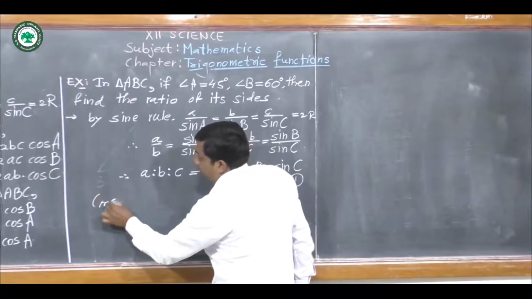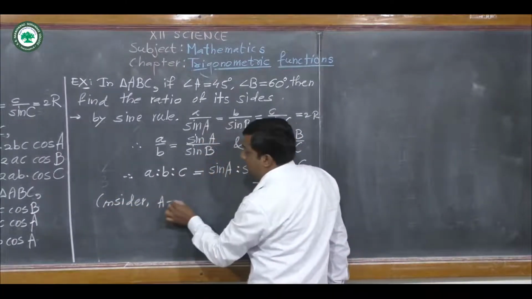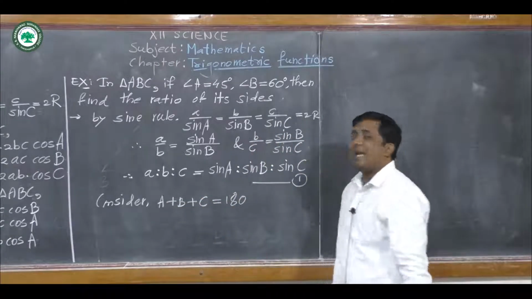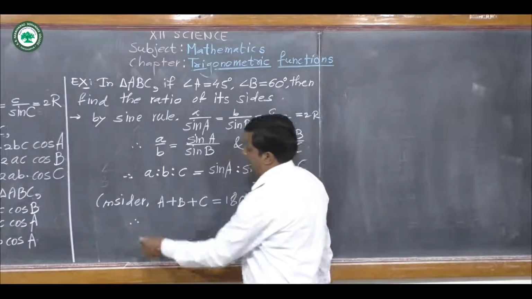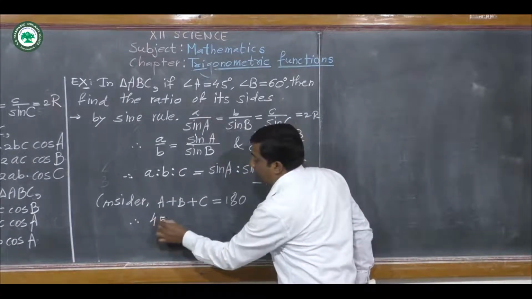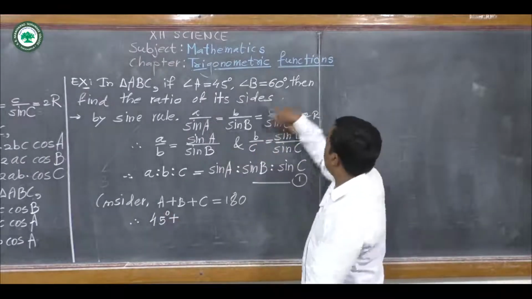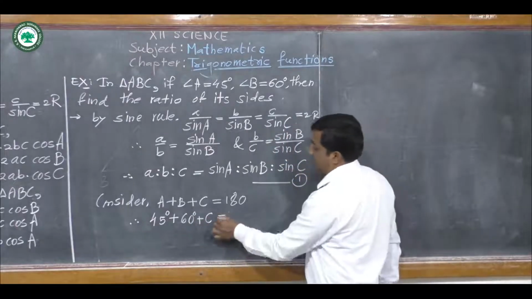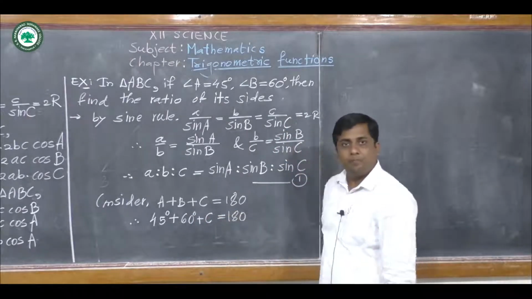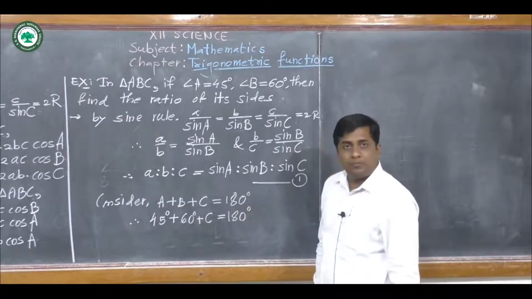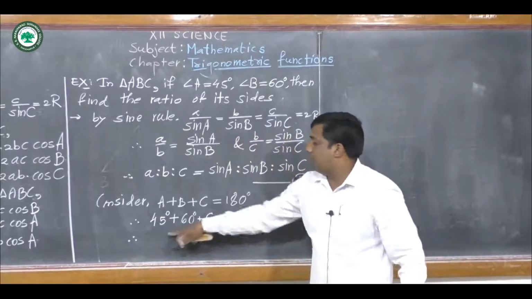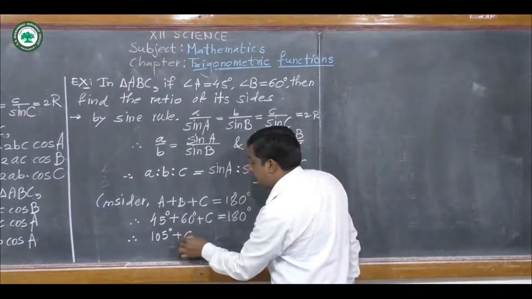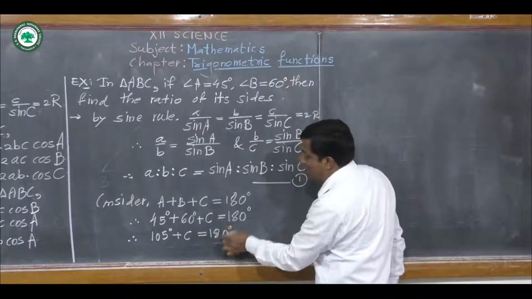So we consider the relation A plus B plus C is 180 degrees. Here A has measure 45 degrees plus B has measure 60 degrees plus C as it is, equal to 180 degrees. Therefore 45 plus 60 is 105, so 105 degrees plus C is equal to 180 degrees.